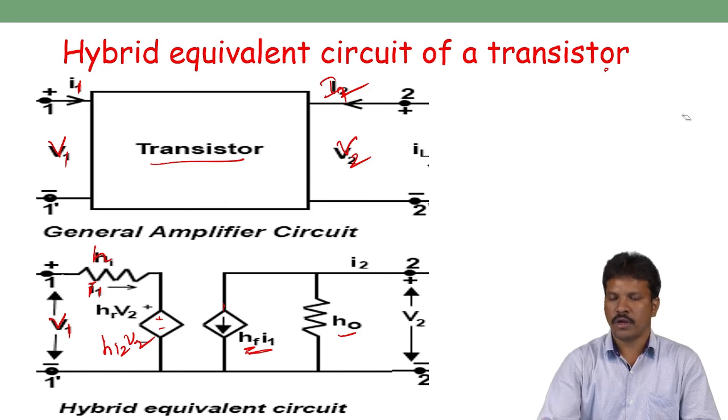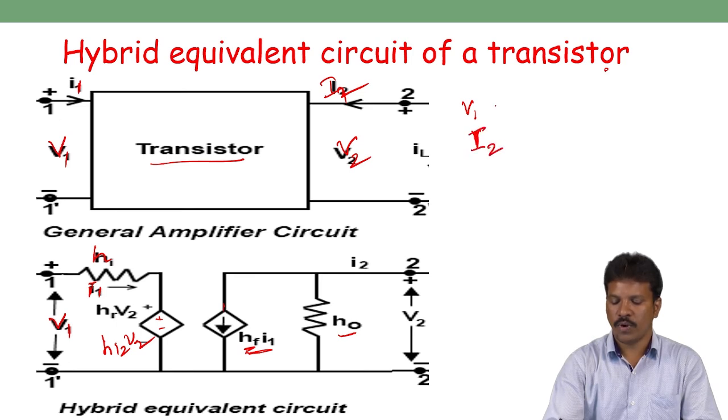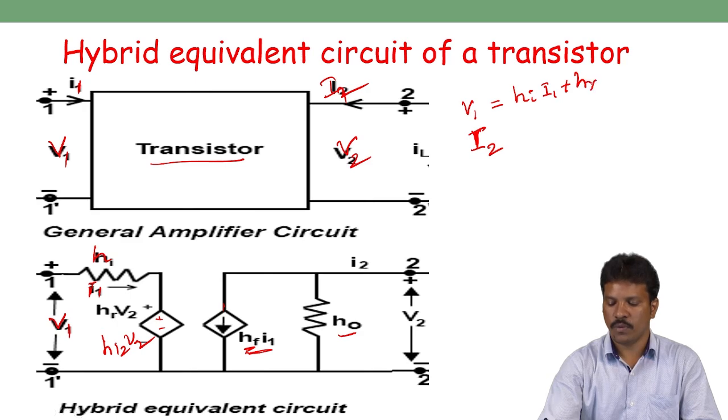The two-port network equation: V1 is the dependent variable, and I2 we can replace H11, H12, H21, H22 with the transistor notation. V1 equals HI I1 plus HR V2, and I2 is equal to HF I1 plus HO V2.